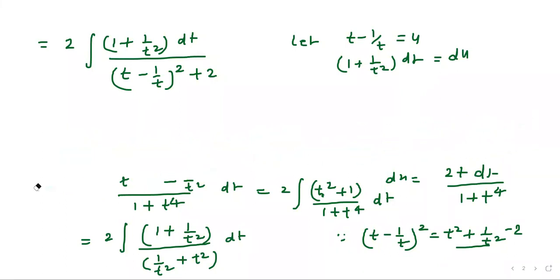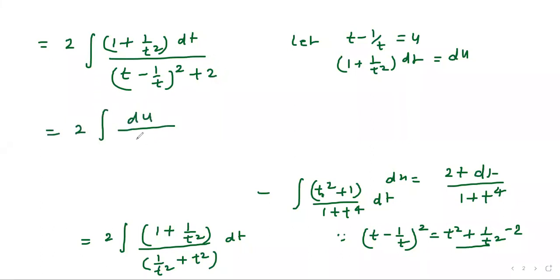So we will get twice of this du divided by u square plus 2. Now, if you remember, integration dx upon x square plus a square equals 1 upon a tan inverse x upon a plus c.